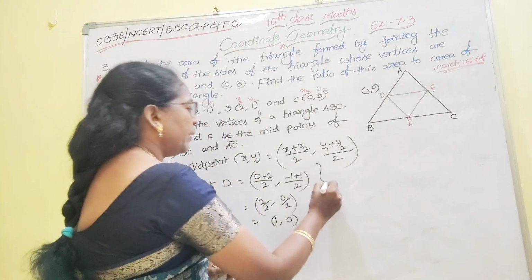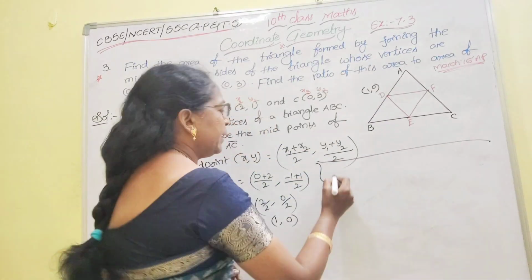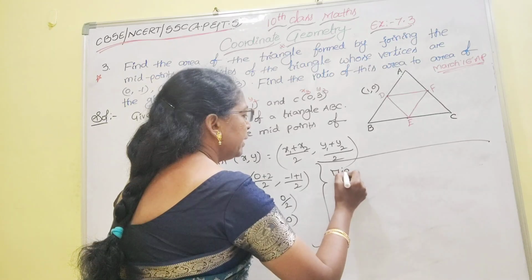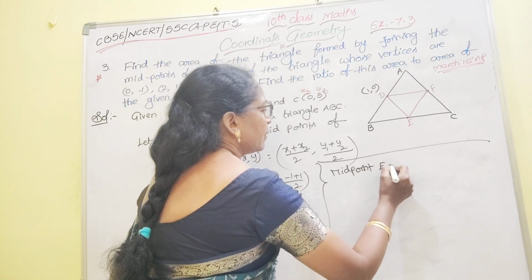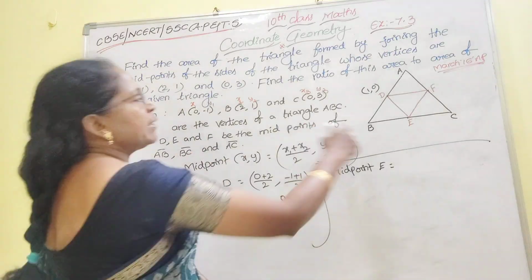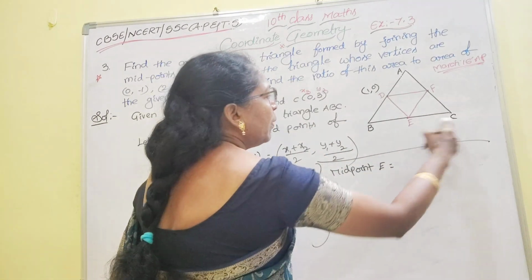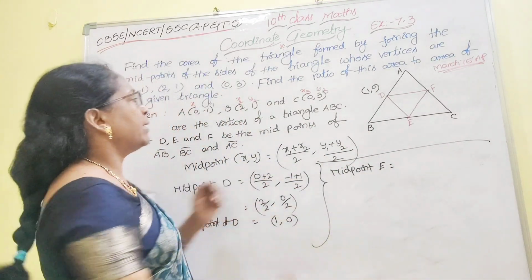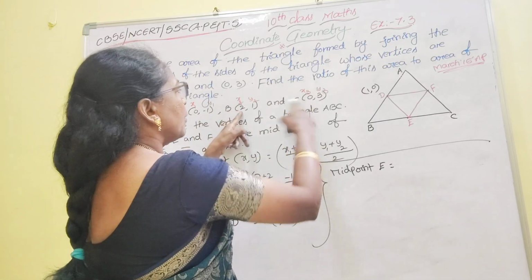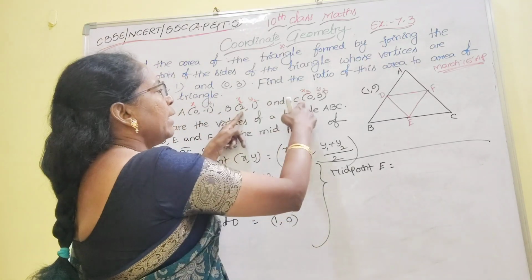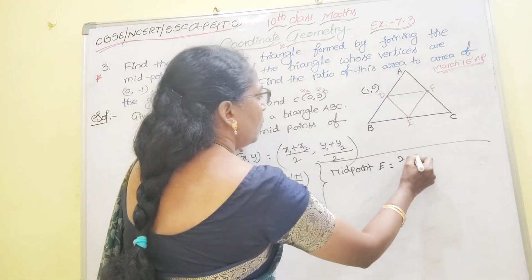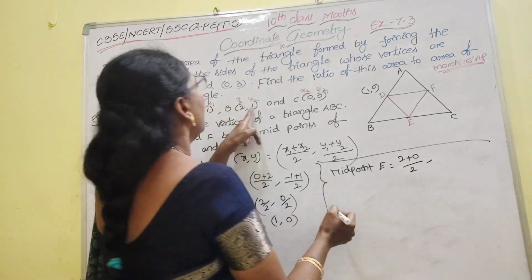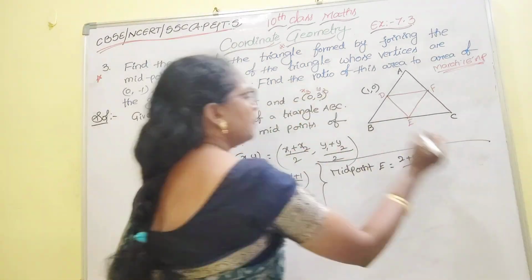Next midpoint of E. E is a midpoint of B and C point. So B and C just you have to consider. Now x1, y1, x2, y2. So add 2 plus 0 by 2 comma y1 plus y2, that is 1 plus 3 by 2.